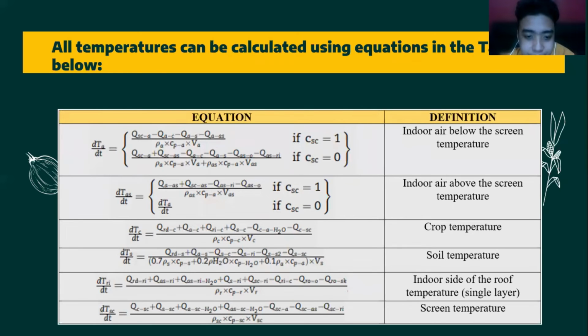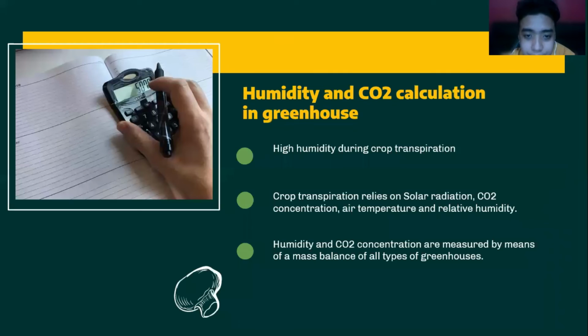Next. So humidity is one of the main variables in the atmosphere of a greenhouse. Typically, due to crop transpiration, it tends to be high. Crop transpiration relies on solar radiation, CO2 concentration, and greenhouse air temperature and relative humidity.